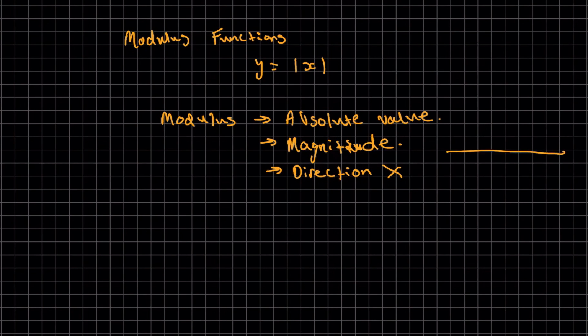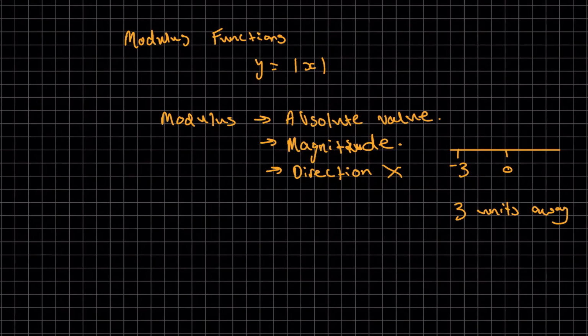So if I were to put 0 and -3 on a number line, all this is asking me is how far does -3 lie from 0 on a number line? And we know that it lies 3 units away, regardless of direction. So we do not consider direction over here.